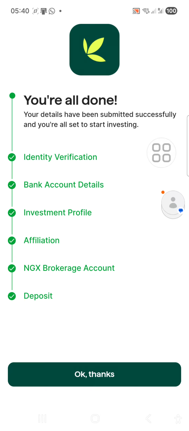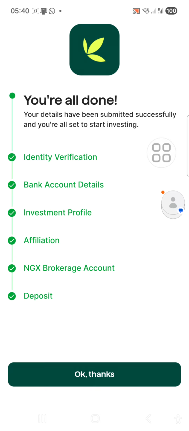If some of them are not showing green, then you need to click on it and go back and have a look again. For example, where it says NGX brokerage account, they will ask you some questions there. I think there are 3 options. You have to select the most appropriate option for you.